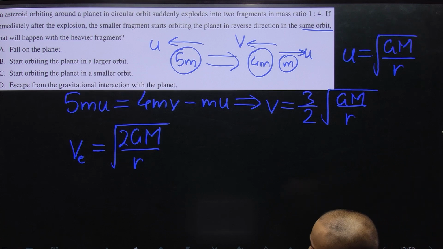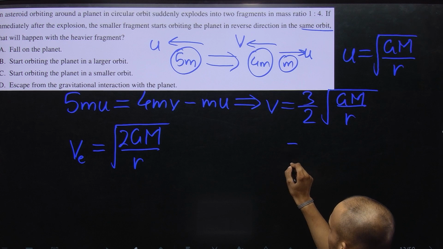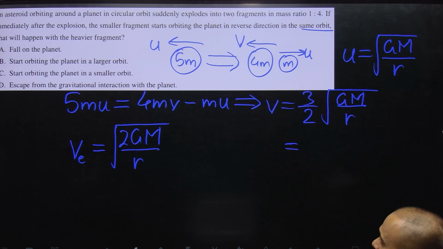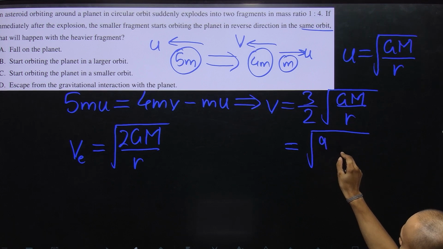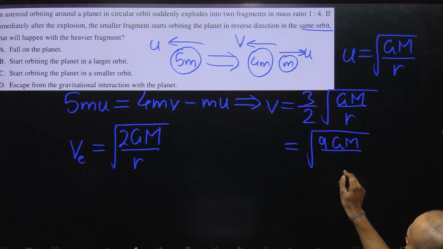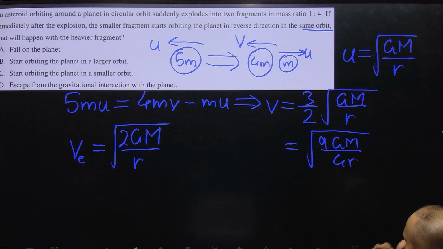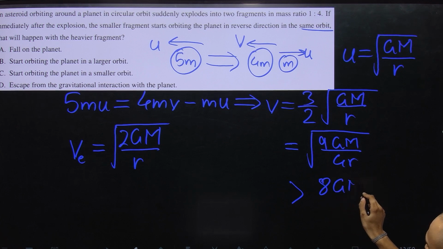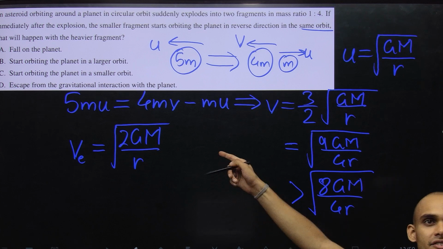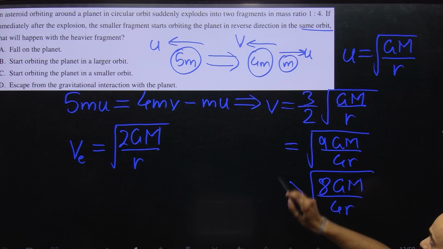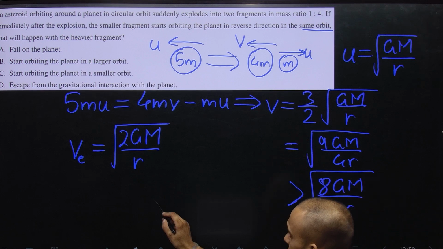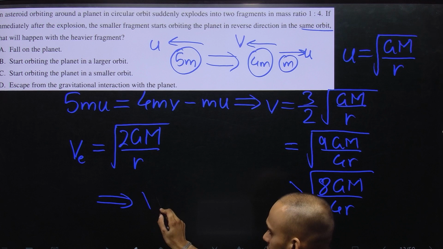And the velocity of the asteroid remnant 4m, we can write as the square root of 9GM upon 4r, which is greater than the square root of 8GM by 4r, because 8GM by 4r is twice GM by r. So the velocity of the 4m fragment is greater than the escape velocity.